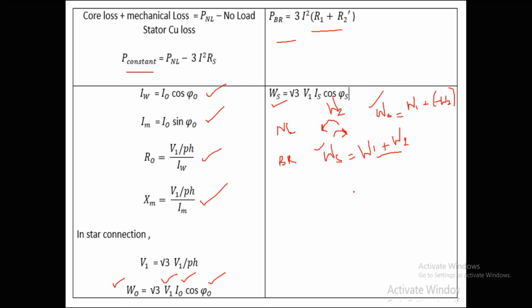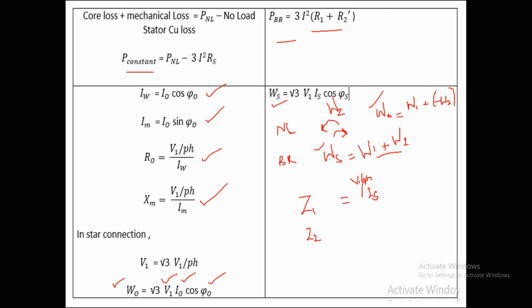And for the series branch parameters, that is in the blocked rotor test, next to the blocked rotor power, we can find the value of the total impedance on the stator as well as on the rotor. Simply by applying Ohm's law, V equal to IR, that is Z equal to V by I. Here V is V1 per phase and I is called IS, this current.